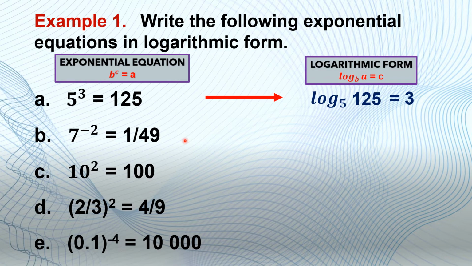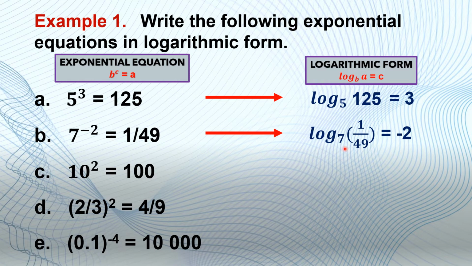Let's have letter B. Our base here is 7. So it is also the base of our logarithm. So base is 7. Then A here is the A of our exponential equation, which is the answer, 1 over 49.